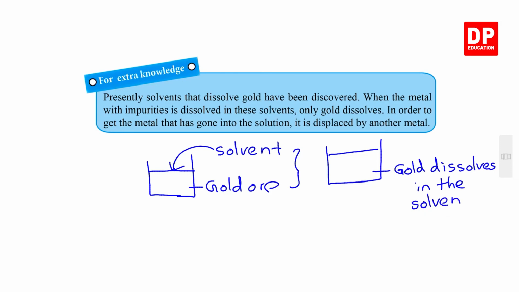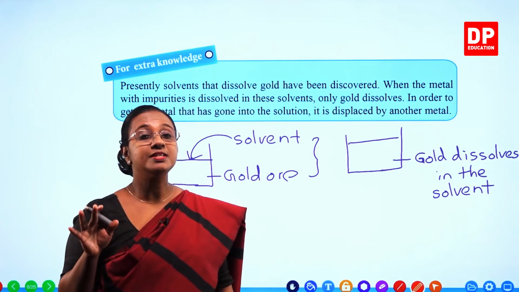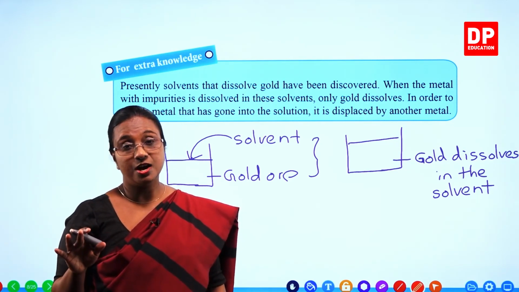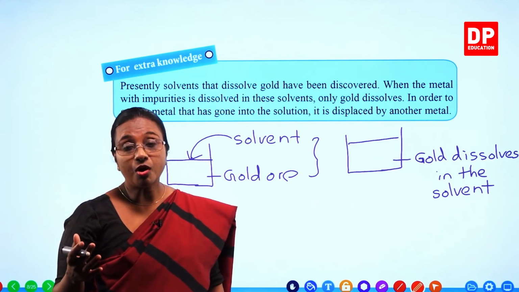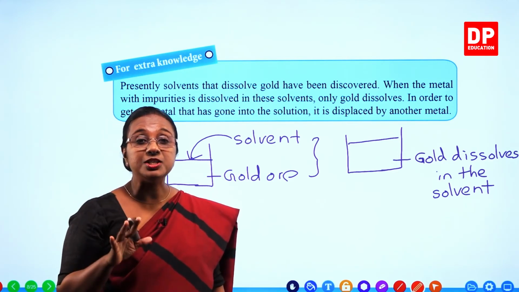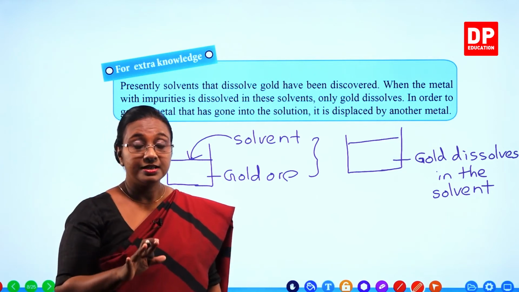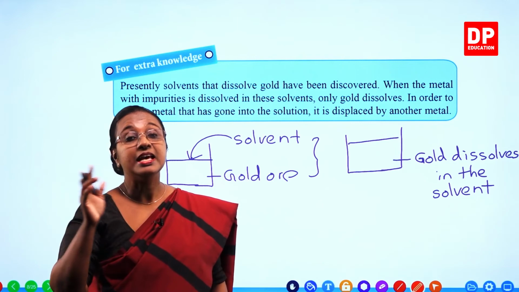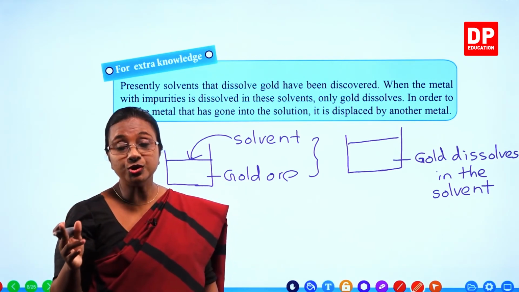Now, students, there are different solvents. One of the common solvents that can dissolve gold is aqua regia, or royal water. That is a mixture of two acids, concentrated nitric acid and concentrated hydrochloric acid, in the ratio of 1:3.